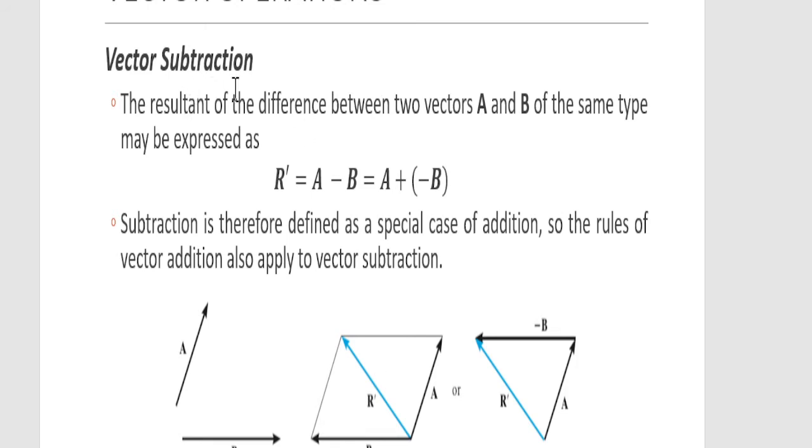So you can see here in the slide, the resultant of the difference between two vectors a and b may be expressed as r equals a minus b, which is also equal to a plus negative vector b. So we are going to add a to the negative b, tail to tail.